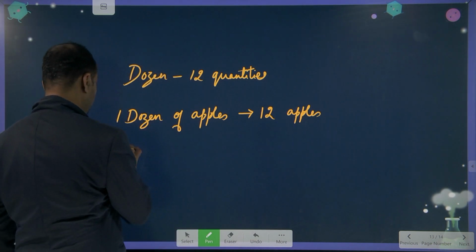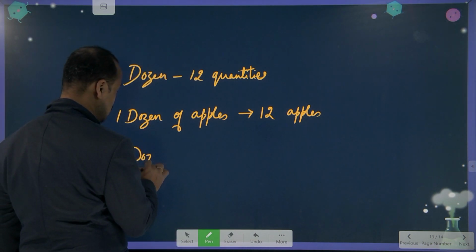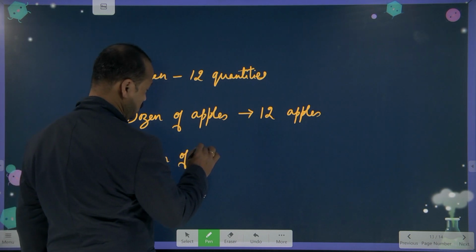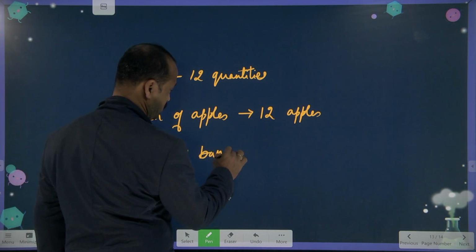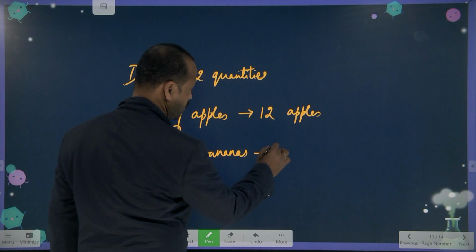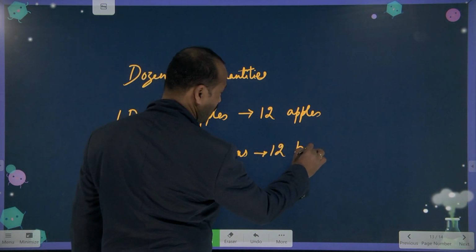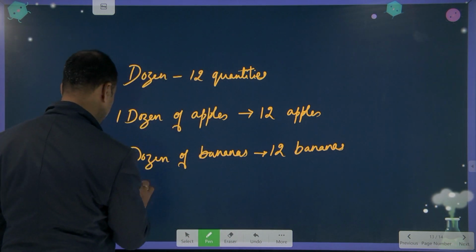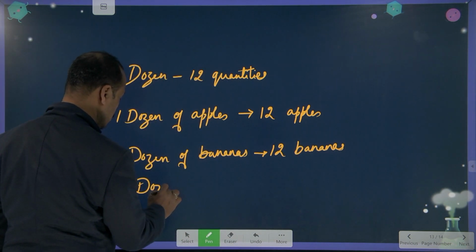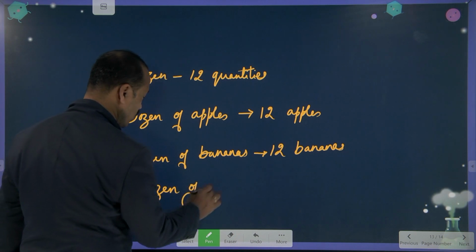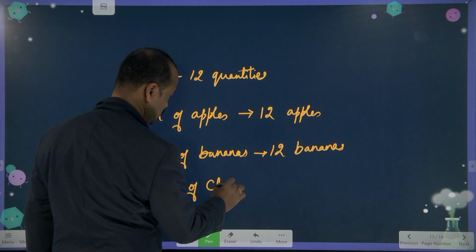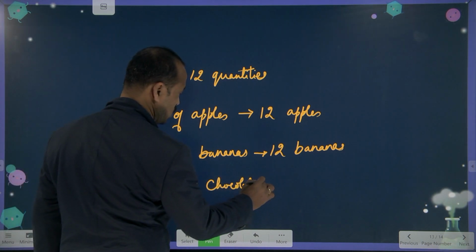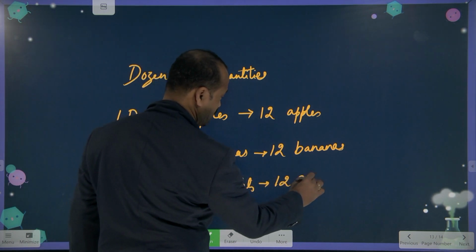If I take 1 dozen bananas, there are 12 bananas. If I take 1 dozen chocolates, then there are 12 chocolates.